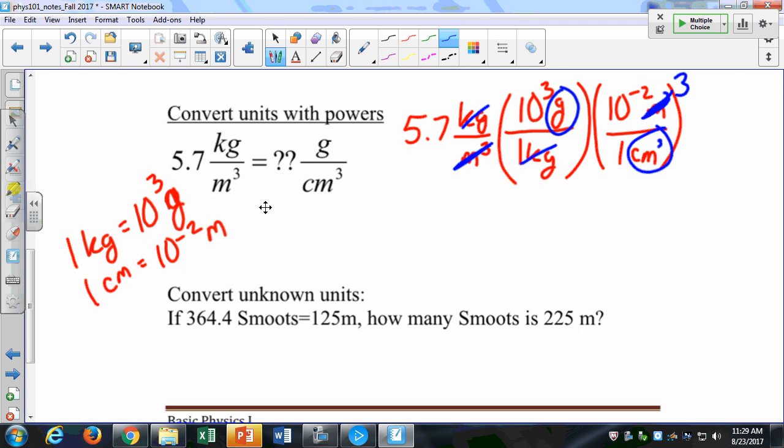When you're doing unit conversions with powers, if you have one of your units raised to a certain power, you have to raise your unit conversion factor also to that power. Otherwise, your dimensional analysis doesn't work out. Your units don't work out in the end. And so that works out to be 5.7 times 10 to the minus 3 grams per cubic centimeter.